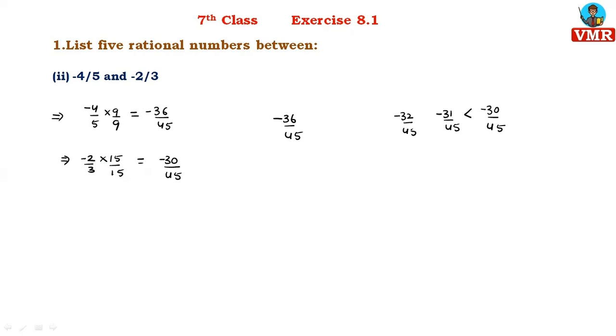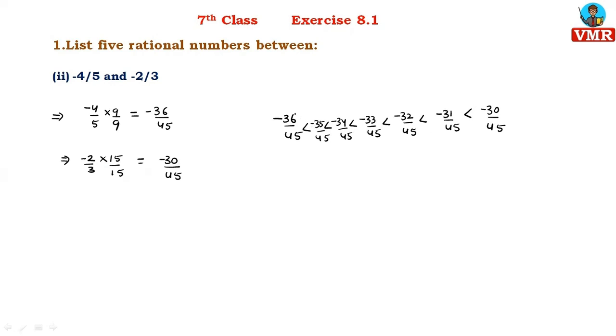Minus 32 by 45 is less than minus 31 by 45. And minus 33 by 45 is less than minus 32 by 45. Minus 34 by 45 is less than minus 33 by 45. Next, minus 35 by 45 is less than minus 34 by 45. And minus 36 by 45 is less than minus 35 by 45.